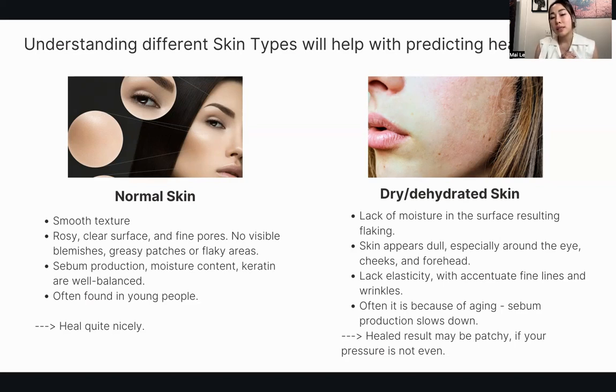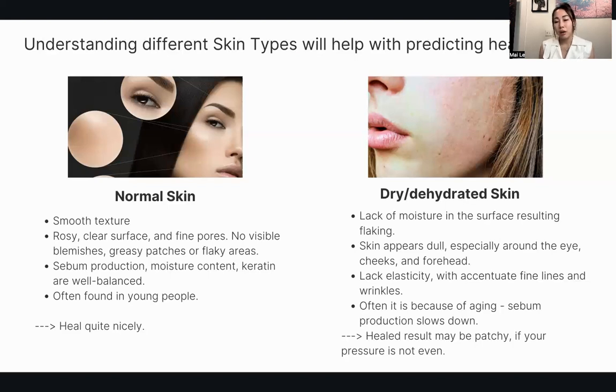The second one is dry, dehydrated skin. When you see dry flakiness and the skin looks severely dehydrated, lacking moisture, you would know that the healed result could be quite patchy. It's not going to be even if your pressure is not even.